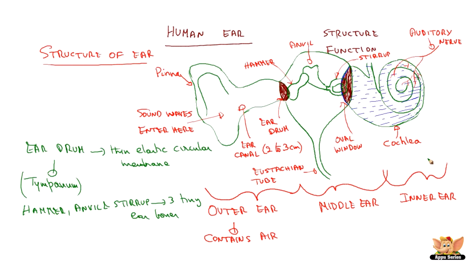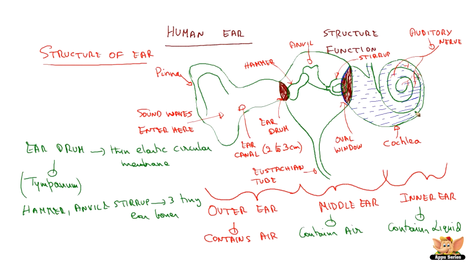So what happens inside the ear? One thing we need to remember is that the inner ear contains liquid, and the middle ear contains air, just like the outer ear. This inner ear is like a spiral ring which will be connected to the auditory nerve.